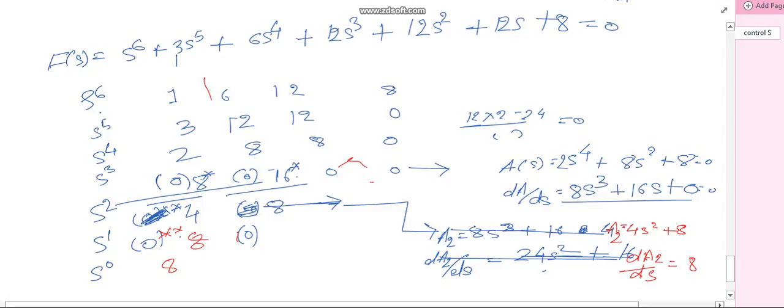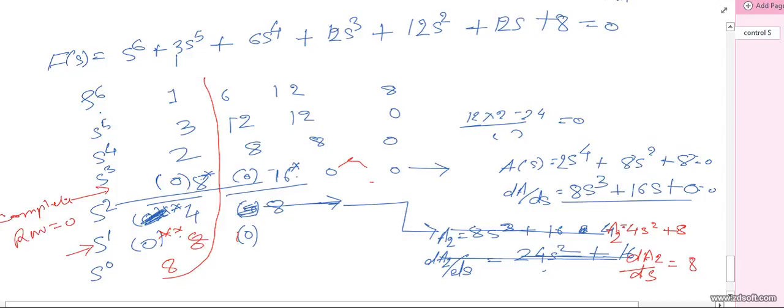Now observe the first column. Here and here you got the complete row equal to 0 two times, and what does that imply? There is no sign change, but we have got the complete row to be 0 two times.